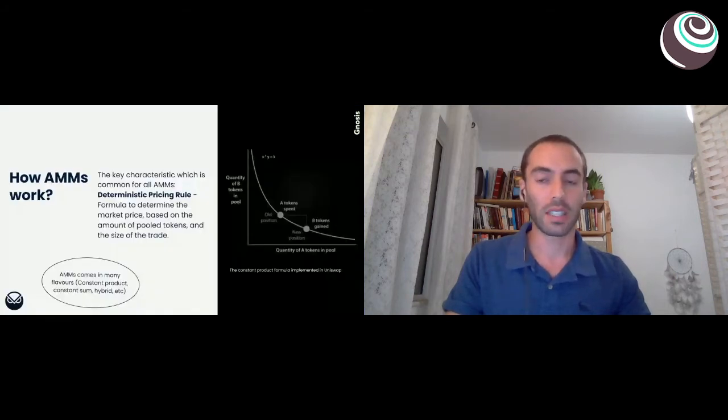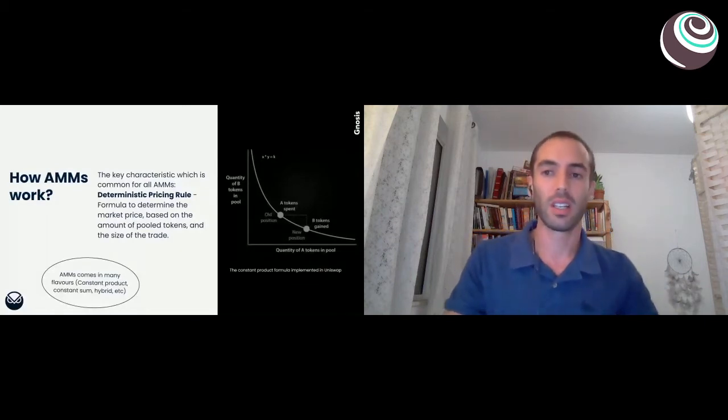And assuming I would want to trade 100 A tokens for B tokens, it already knows the future state of A, so it's the previous one plus 100, and then it becomes pretty trivial to solve this and know what is the price or how many B tokens I should get back from this trade.